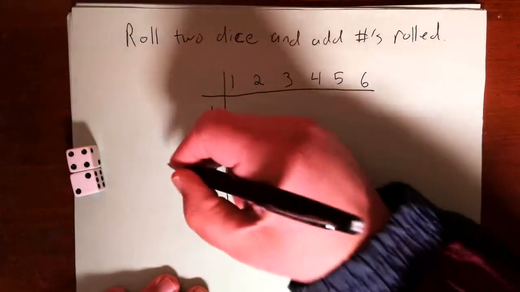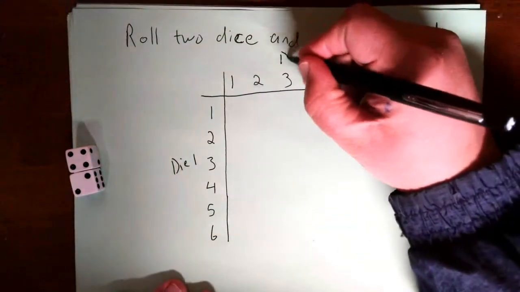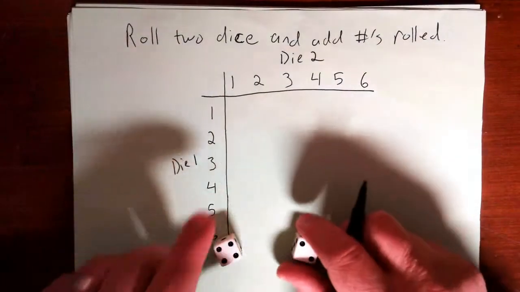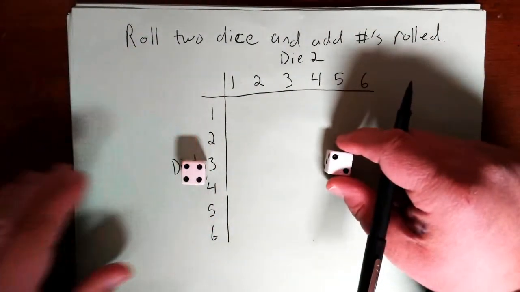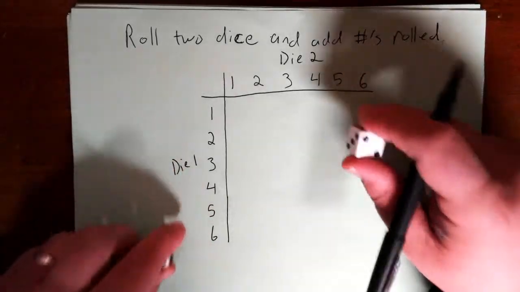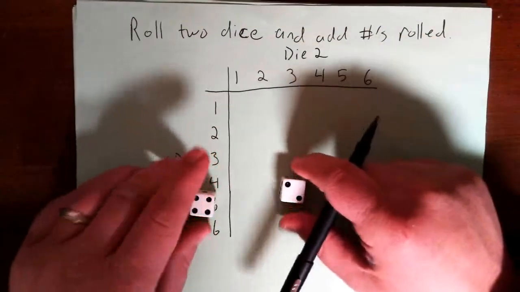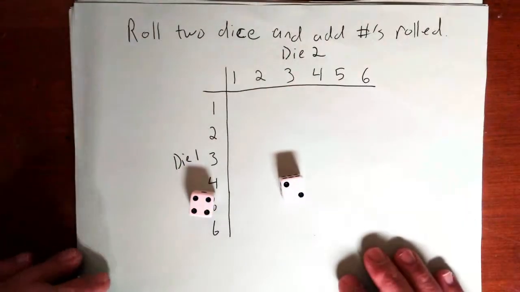Like this. Maybe I'll call this die 1 and I'll call this die 2. Sometimes a book will show this by having a red die and a green die. And then this will be red die, this will be green die. And it does matter. You've got to keep track of the 2 dice. You've got to treat them as separate dice in order to get the right probabilities.